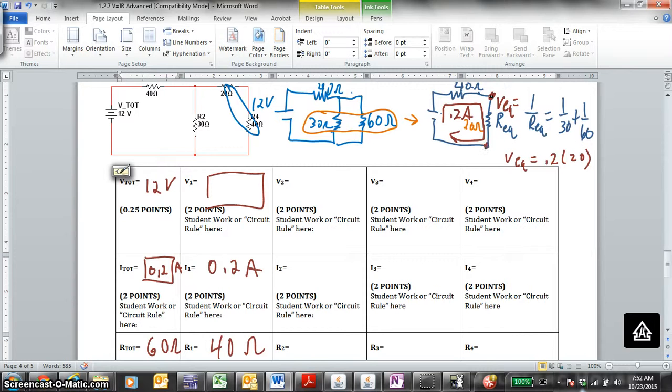So if you put your voltmeter here, that is 4 volts. So since this one's resistor 2, the voltage here, V2, is 4 volts. And you know resistance 2 is 30 ohms. Hopefully you can calculate I2.